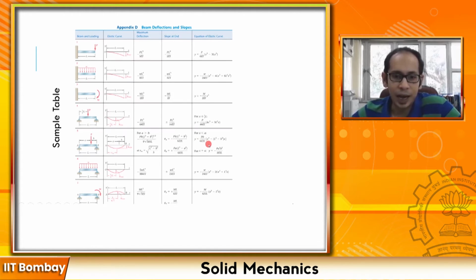And this is just one of the cases; there are many other types of loading, and some of them we have already solved using our second order method. For example, remember this cantilever where we got the deflection as PL cubed by 3EI, with a negative sign indicating a downward direction. So these are some of the standard results.